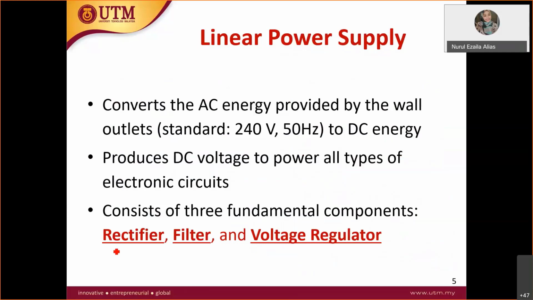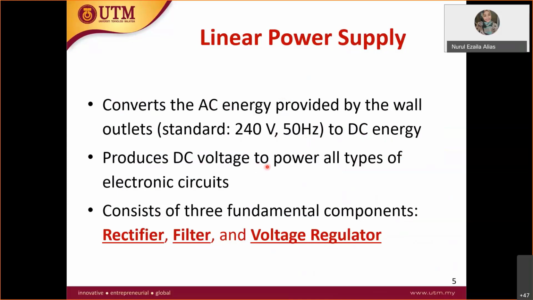I think up to now you know that we have two types of power supply. AC, where you have a sinusoidal input, like I've shown you just now. For this case, for example, it has 240 volt at 50 hertz. To DC, you want to convert to the direct current voltage.